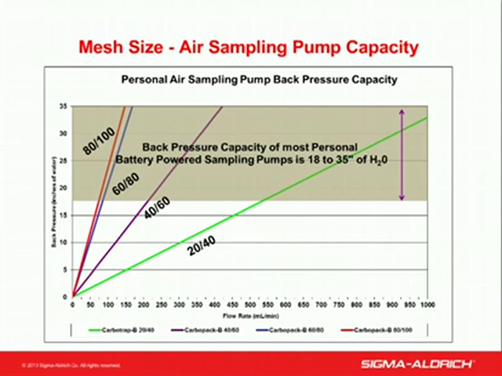So if an air sampling pump can only handle 18 inches of water, the theoretical flow rates that we could achieve with the different mesh sizes are the following. A 20-40 mesh, we could achieve 545 mLs per minute, and with a 40-60 mesh, we could get 216 mLs per minute, and at 60-80, we could get 86.5 mLs per minute.